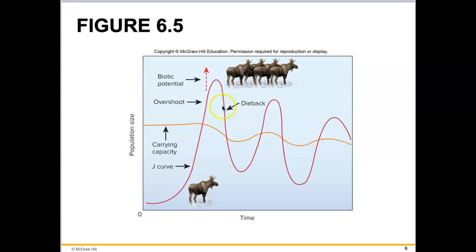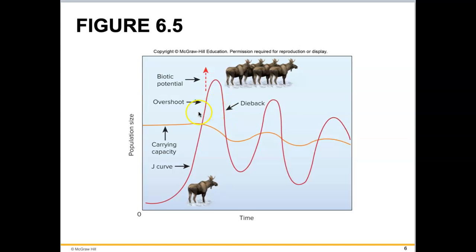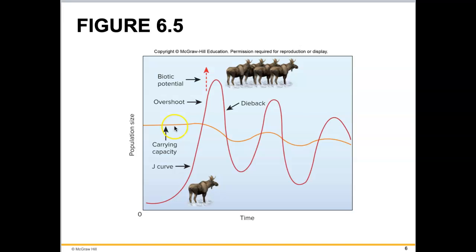All environments have a designated carrying capacity. How many animals can successfully live on that particular area in order to be healthy and survive? The carrying capacity is defined by the limiting factors, without depleting the environment.